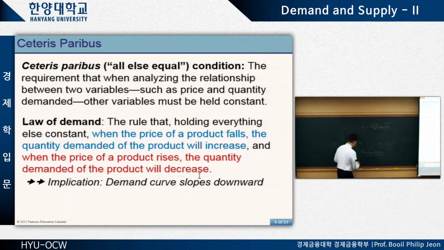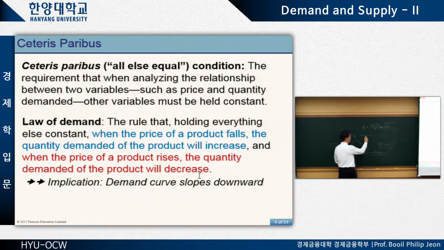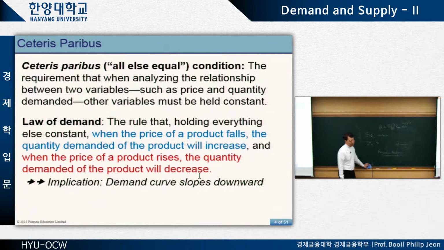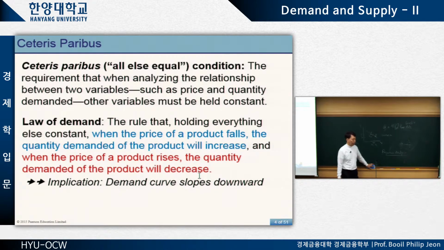So most of my research uses wage or earnings, somebody's earnings, as the dependent variable. And I'm trying to explain what factors determine somebody's wage.